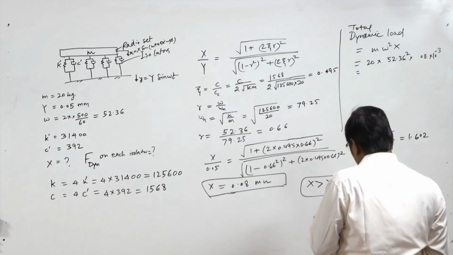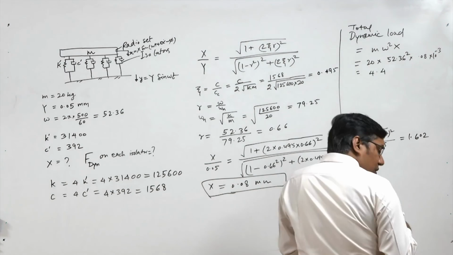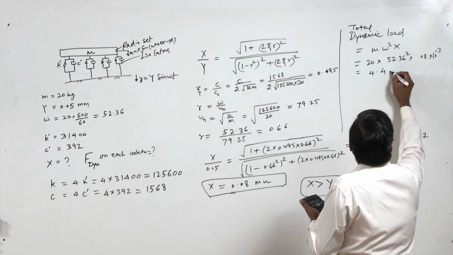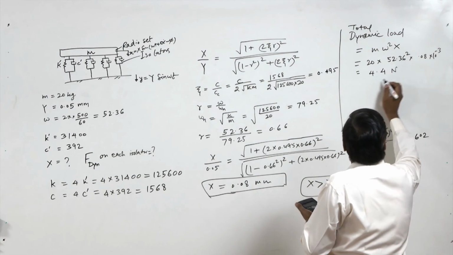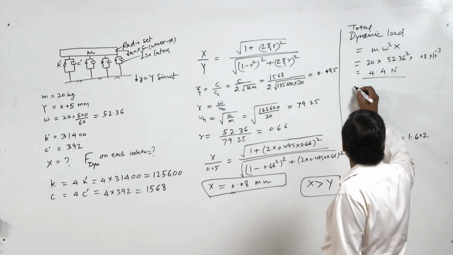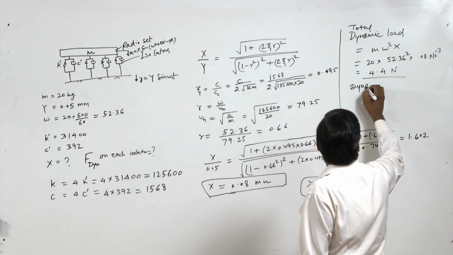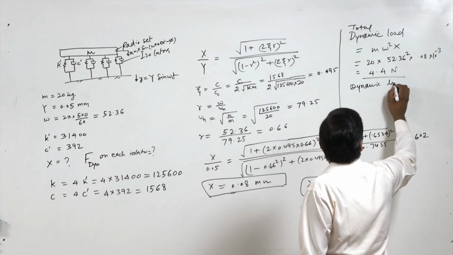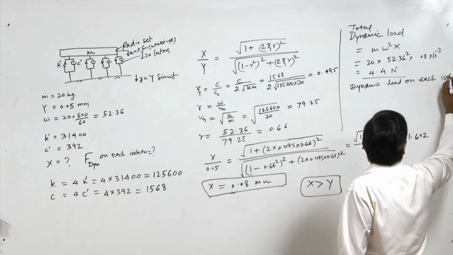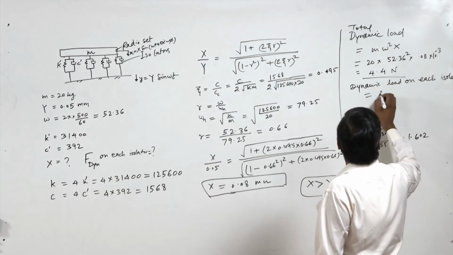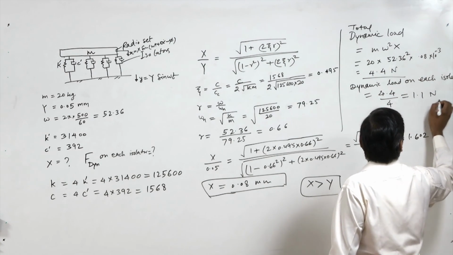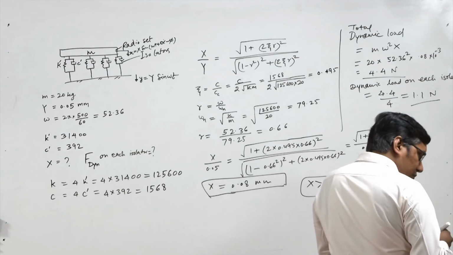So it is coming about 4.4 Newton. Because there are 4 isolators, the dynamic load on each isolator equal to 4.4 by 4, that is 1.1 Newton.